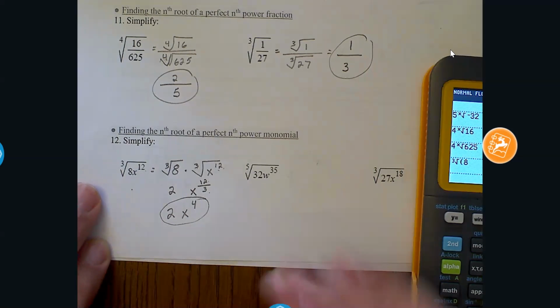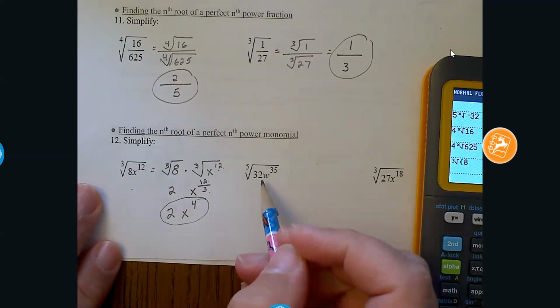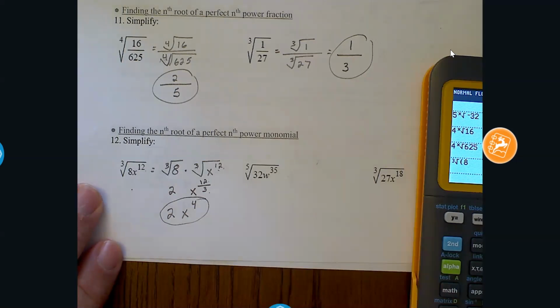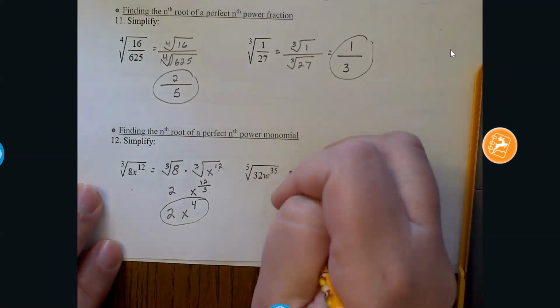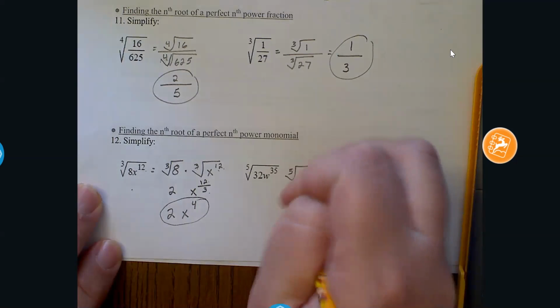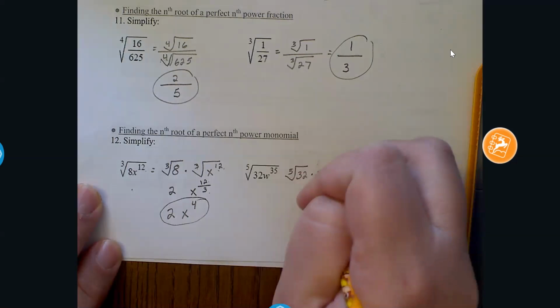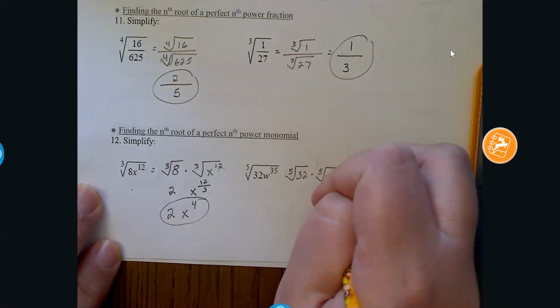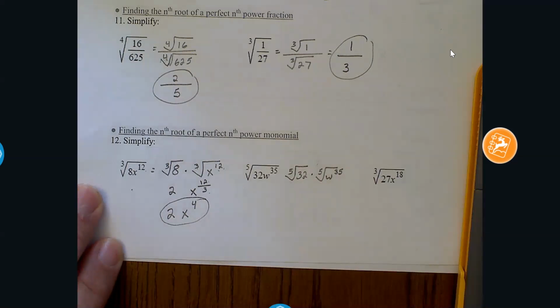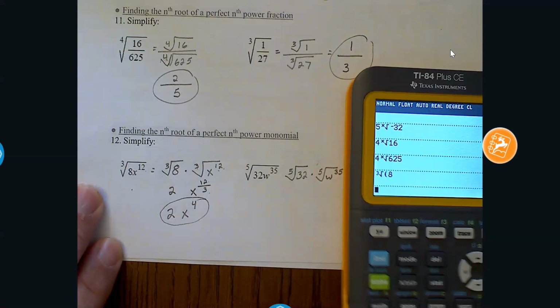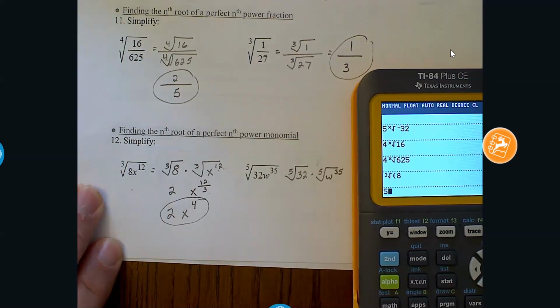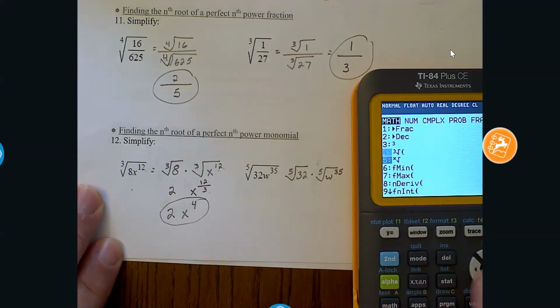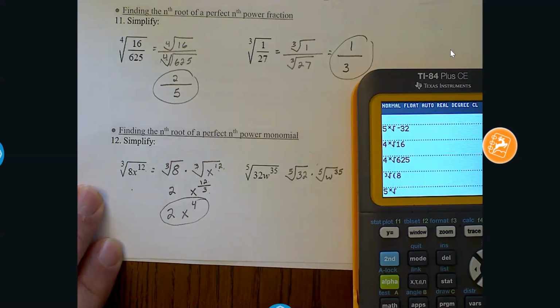Our next problem, we have the 5th root of 32w to the 35th. So that would become the 5th root of 32 times the 5th root of w to the 35th. So the 5th root of 32, I want to enter 5, math, option number 5, that's going to give me the 5th root of 32 is 2.